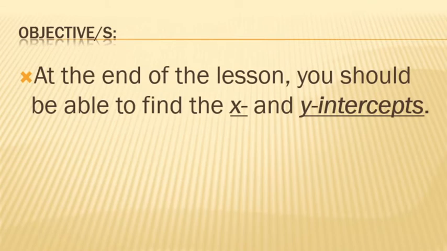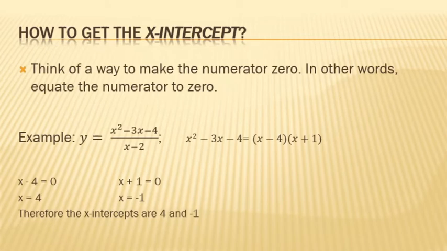Next, ito naman, x and y intercepts. So, alam na natin halos lahat. Pag alam mo yung horizontal asymptote, alam mo na rin yung range. Pag alam mo na yung vertical asymptote, alam mo na rin yung domain. Dito na tayo sa huli, x and y intercepts. Paano makuha yung x and y intercepts? By the way, what is the meaning of x and y intercepts?